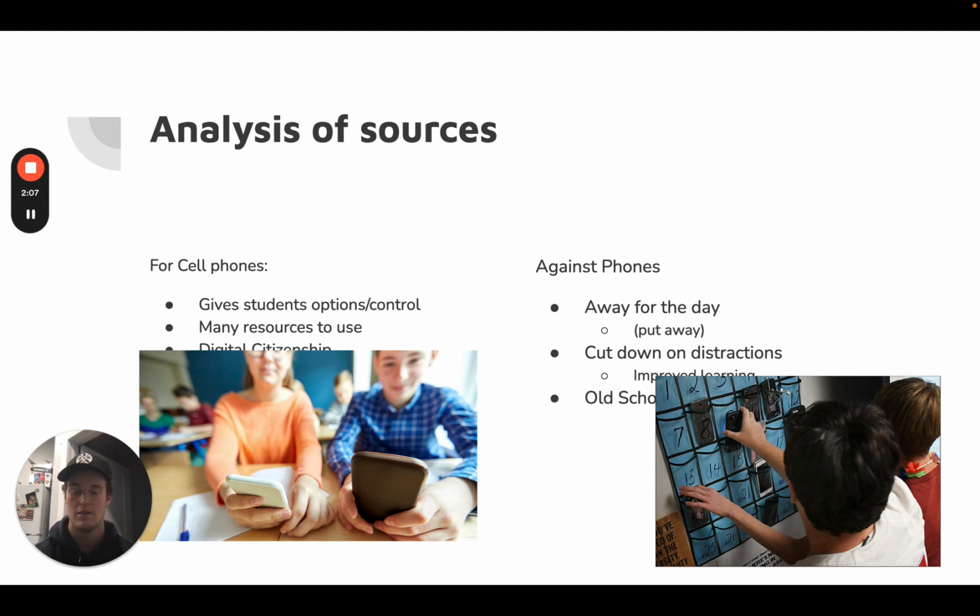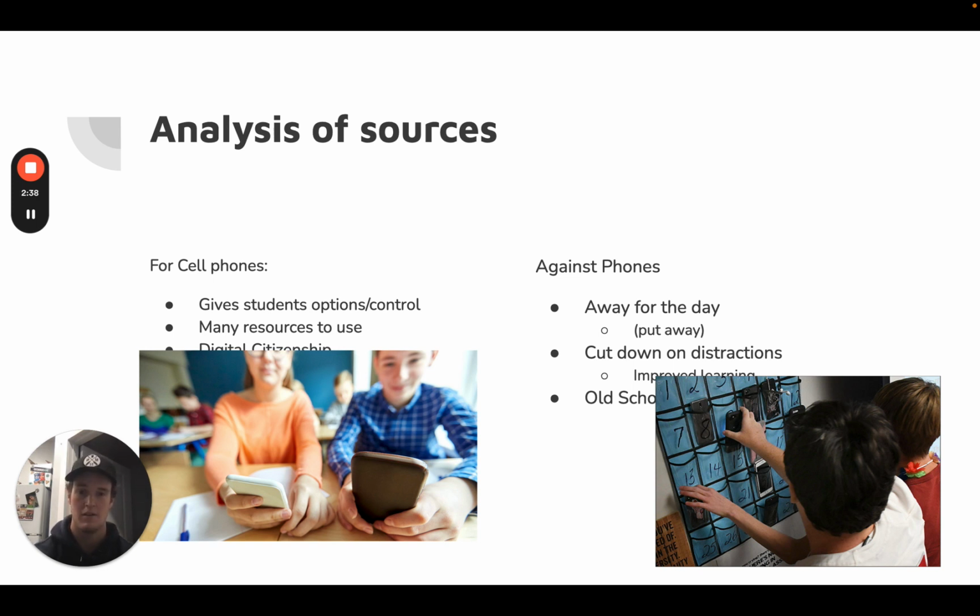There are many resources to use, like I said, virtual reality, and incorporating the cell phone in the classroom, whether every day or every couple days, is going to help. Digital citizenship as well: teaching students how to be great learners on their phones and the proper use of devices so they do not get in trouble later on down the road. That was the group that was for cell phones, and the research showed those were the three main outcomes of why we should have cell phones in school.